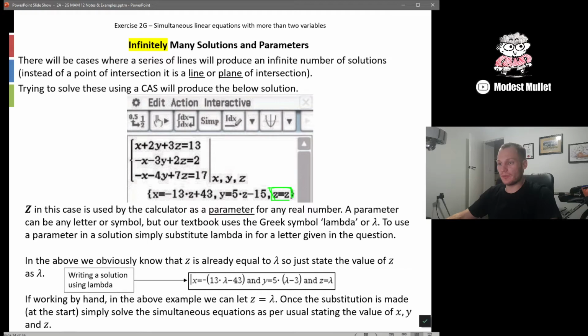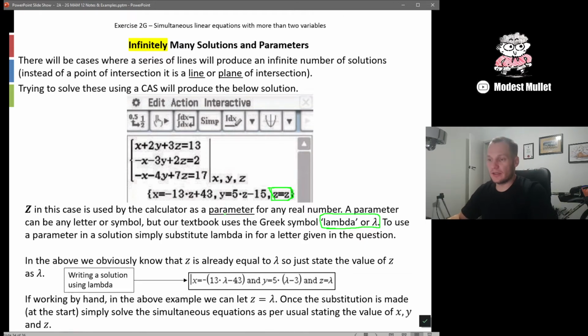Just like before when b overlapped as a straight line, b could be any number for infinite solutions. We have this, it's just going to be z instead of b. The textbook likes to use the symbol lambda as the parameter or placeholder for infinite solutions. But you can keep using z, or you can use lambda if you want. It's going to work out the same way.